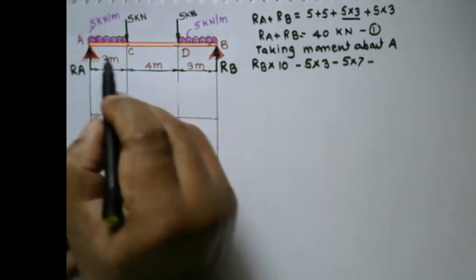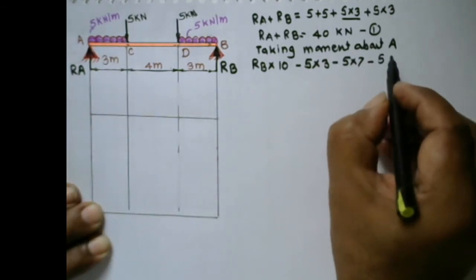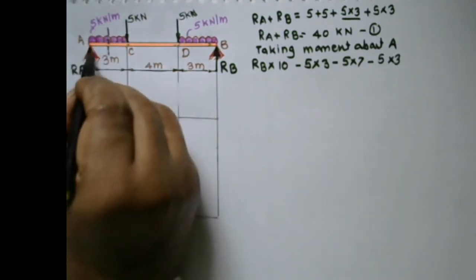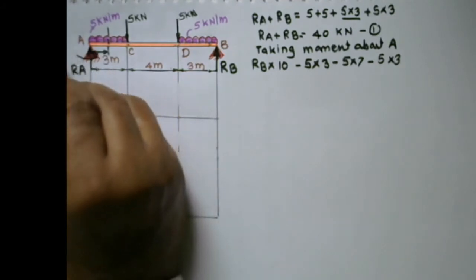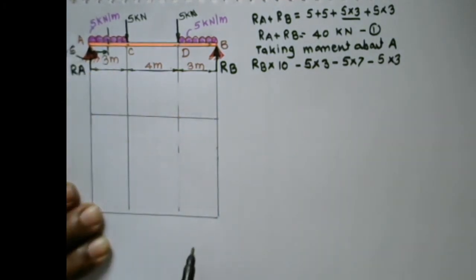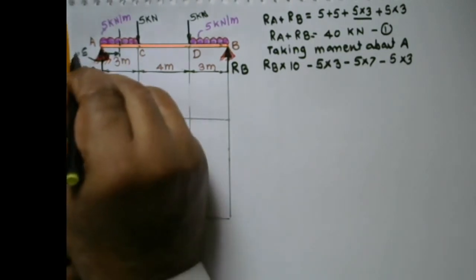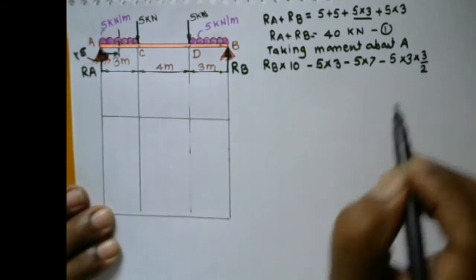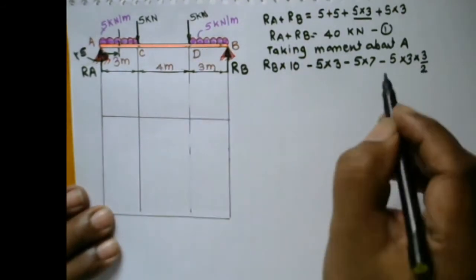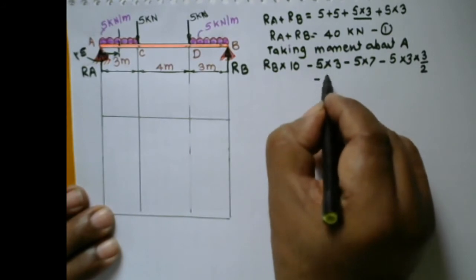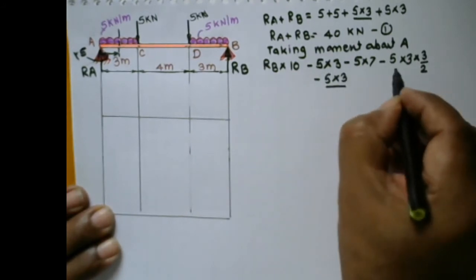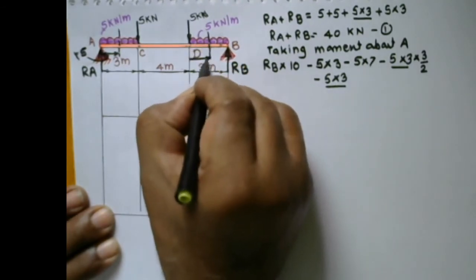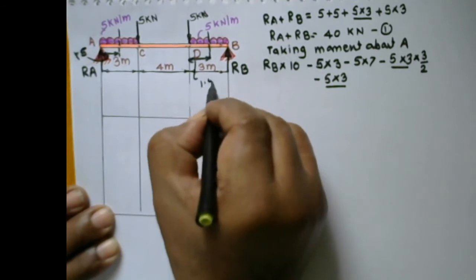Consider the first UDL, 5 into 3, acting at its center, so this dimension becomes 1.5 meter. Instead of that I am writing here 3/2. Again the second UDL, minus 5 into 3, becomes a load acting at its center, so again this dimension becomes 1.5 meter.